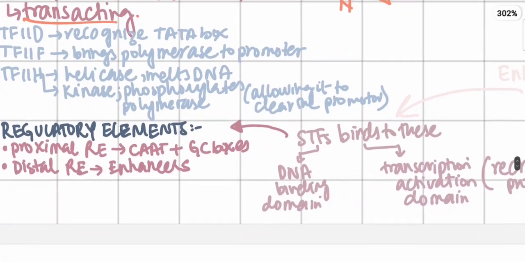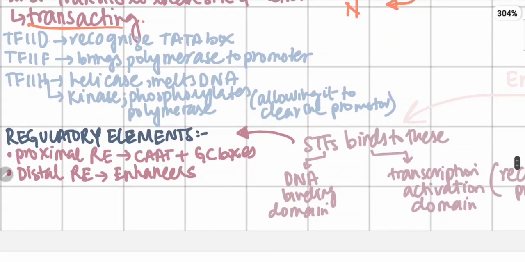These are important examples. We have TF2D. TF2D recognizes the TATA box. TF2F brings polymerase to the promoter, and TF2H has the helicase activity to melt DNA, and kinase activity to activate the polymerase. This activation of polymerase will let the RNA polymerase clear the promoter region and slide along the DNA for transcription, right?